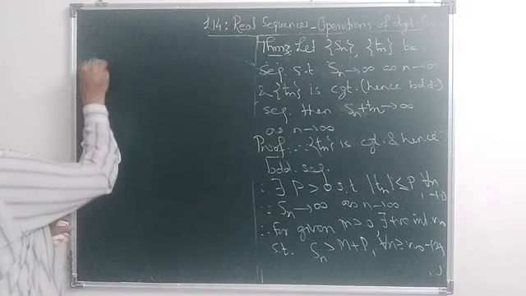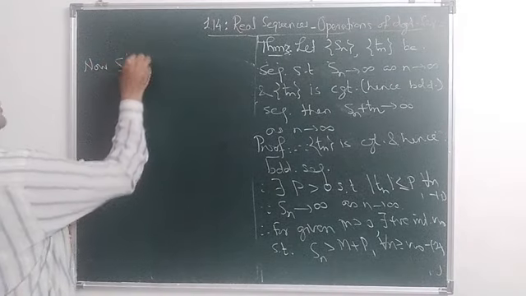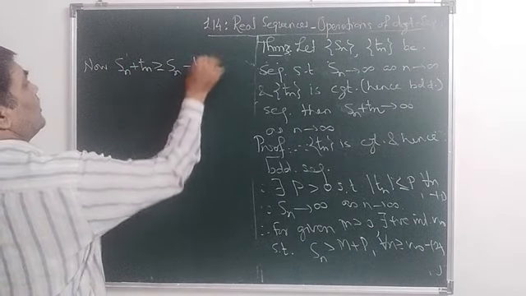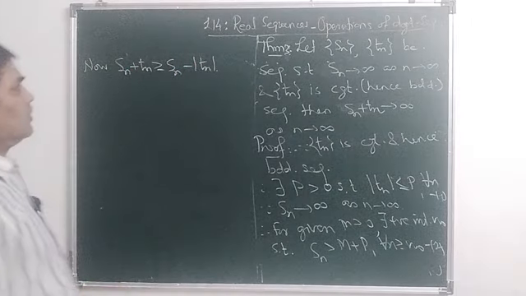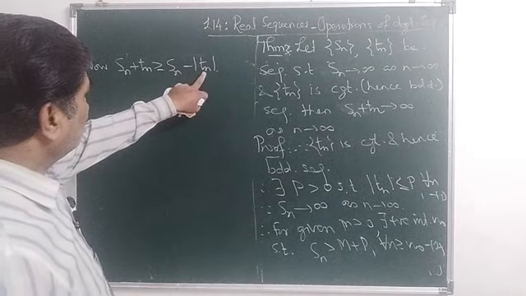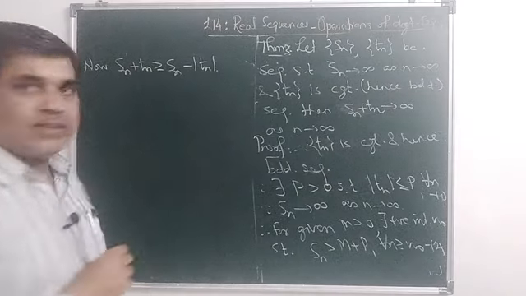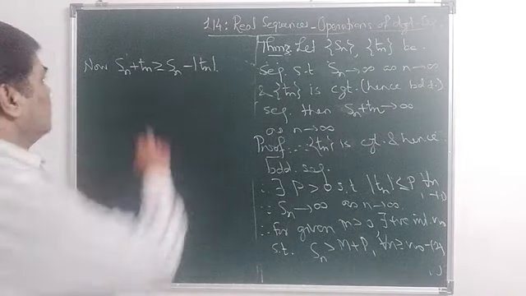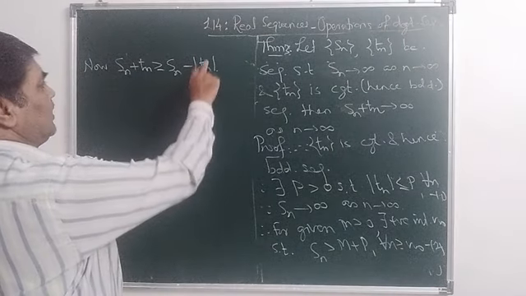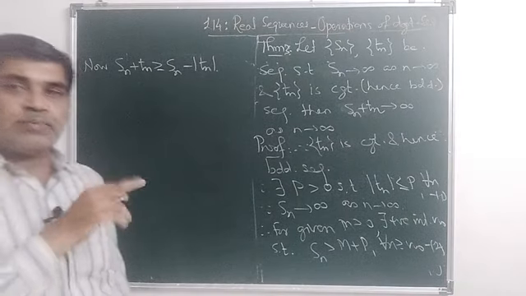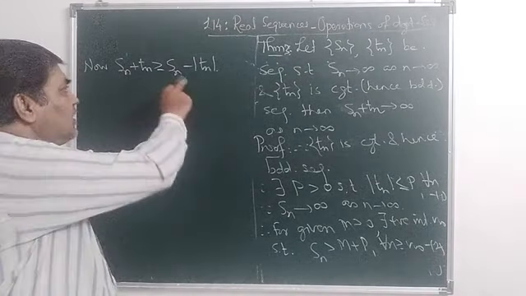Now Sn plus Tn is greater equal Sn minus mod Tn. If Tn is positive, then mod Tn is Tn, and so Sn plus Tn is greater than Sn minus Tn. And if Tn is negative, then mod Tn is minus of Tn, so Sn minus mod Tn is Sn plus Tn, so we'll get equality there.